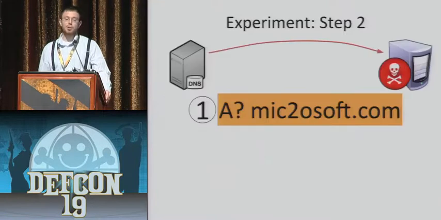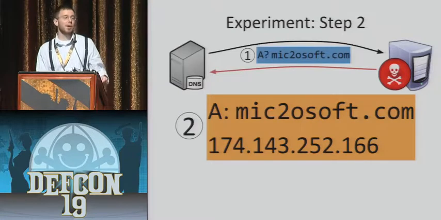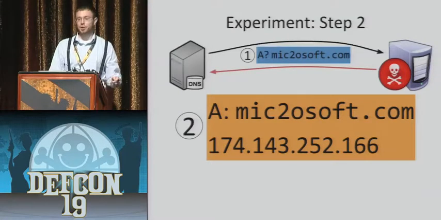Experiment step 2 is you have to properly answer DNS. And this is actually very important, and I'm going to go through this via an example. So let's say somebody out there is trying to resolve a domain name you registered. Let's say it's mic20soft.com, 1 bit away from Microsoft. So you're going to get an A record request, and of course you'll answer it. But the trick here is that we think that a bit error happened somewhere on the server that asked you for the domain name.